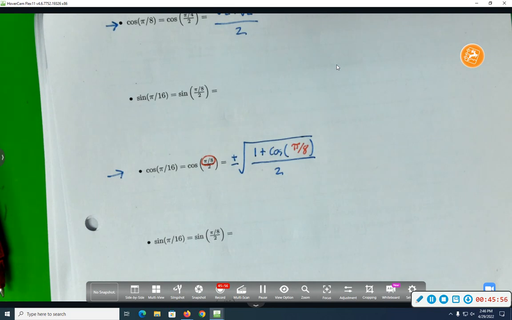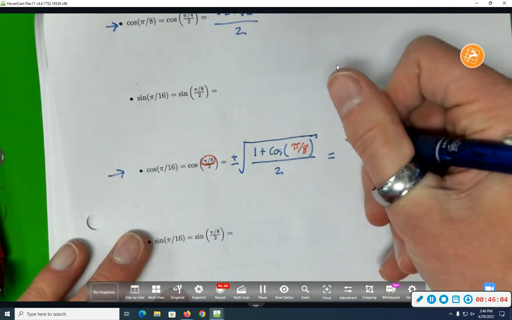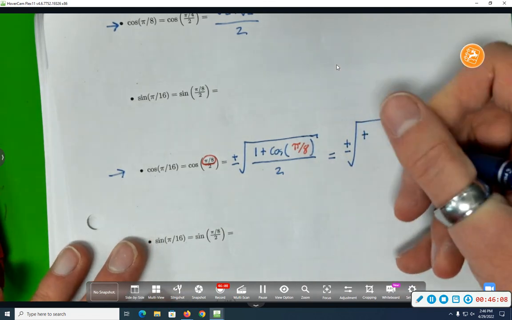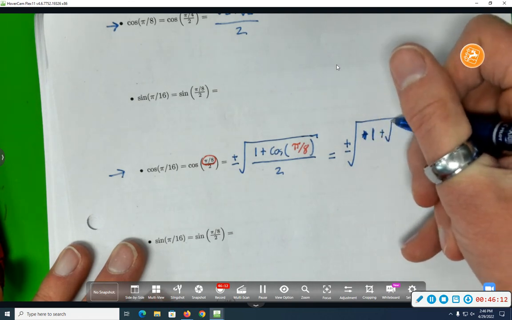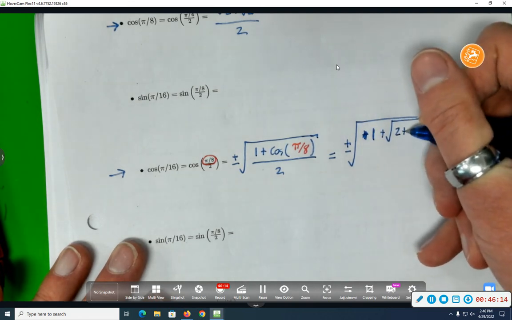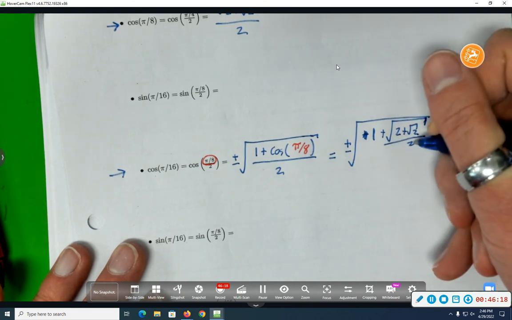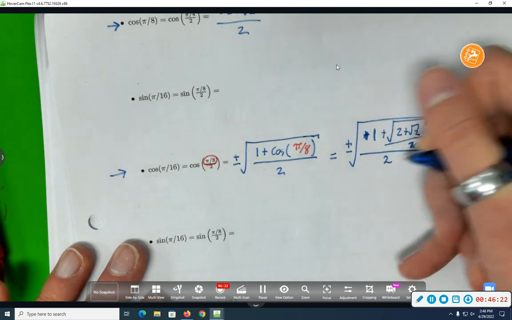This? Yeah, so I can replace cosine of pi over 8 with what it is. Oh, and I'm forgetting again to deal with the plus or minus sign. Here a plus. 1 plus the square root of 2 plus the square root of 2 divided by 2. Then all that, but still under the square root, divided by 2.